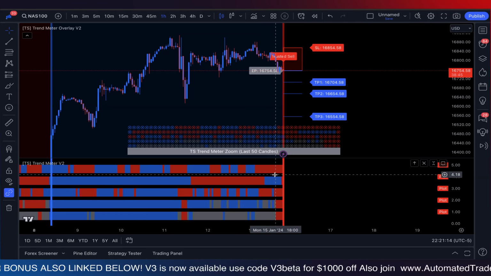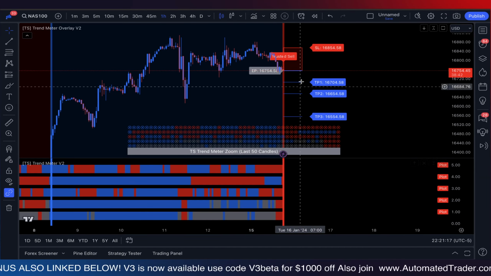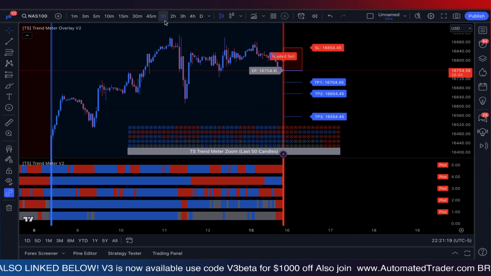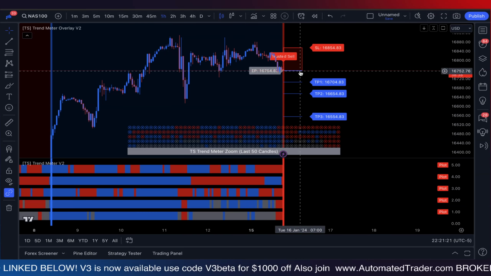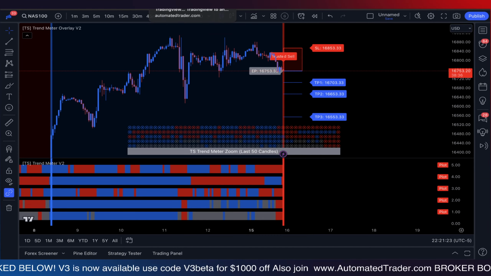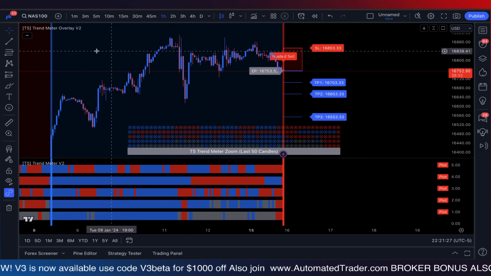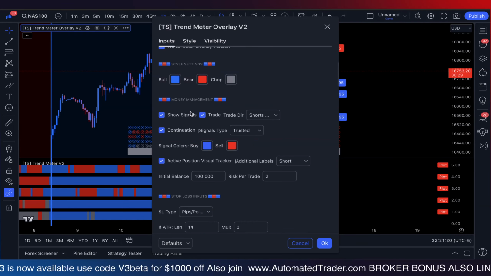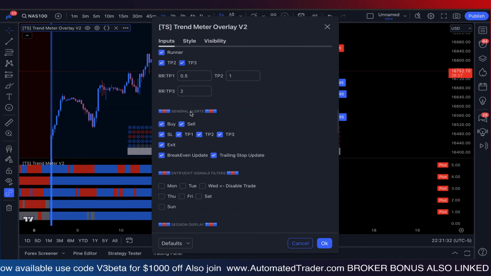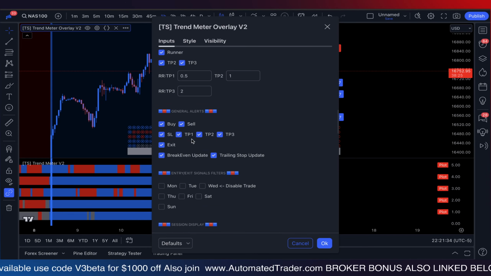Right now, the markets are just opening. We're bearish, so we have a bearish on the trend meter on the 1 hour, and now we enter into a sell. And keep in mind, like I always say with Automated Trader, it would have just fired your alerts for you because all of these can be customized for alerts for your automated trading solutions.